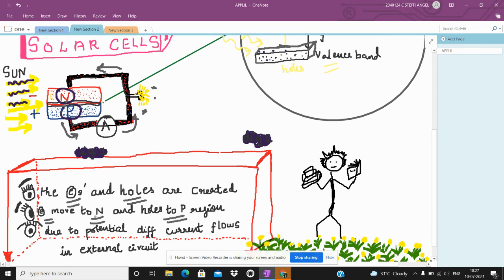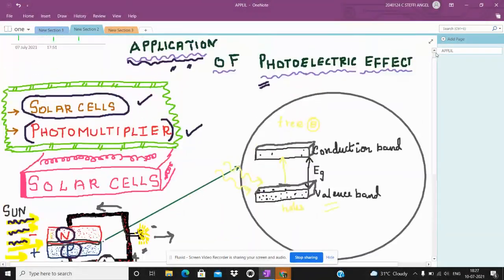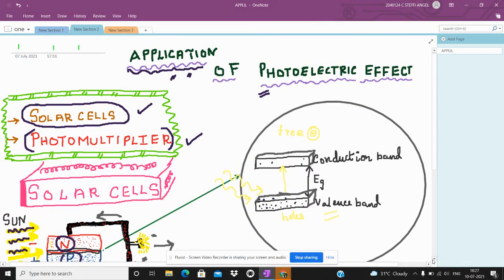The N region is occupied with a majority of electrons and the P region has a majority of holes. Due to the potential difference, current flows in the external circuit and thereby the bulb glows. So this is the application of the photoelectric effect in solar cells.